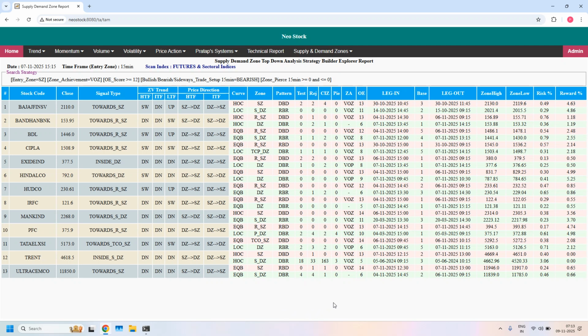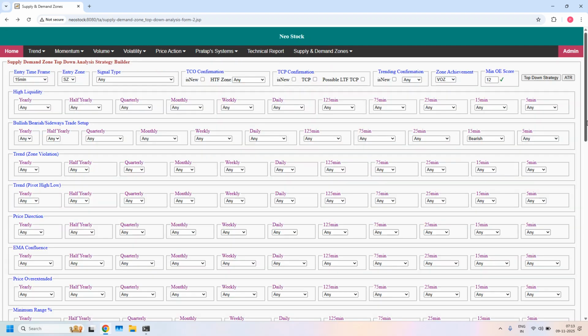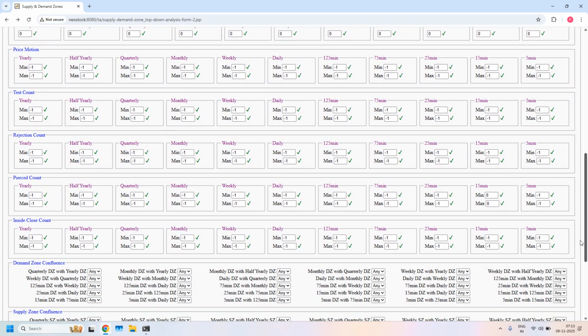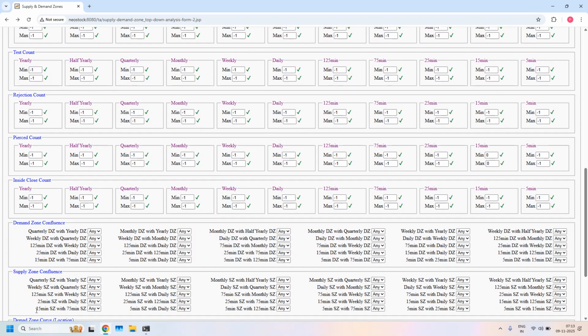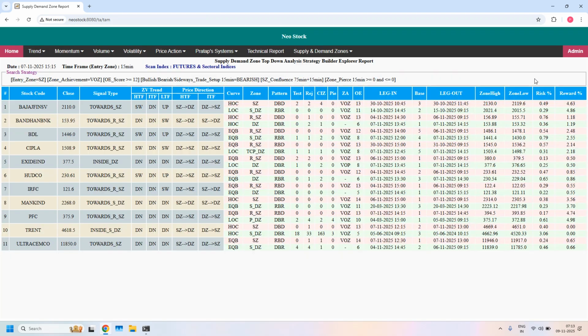So we will identify those zones based on 2 different strategies that you learned in lesson 27. So first strategy, first step I am applying LTF and ITF supply zone Confluence. That is 15 minutes and 75 minutes supply zone Confluence filter enabled.